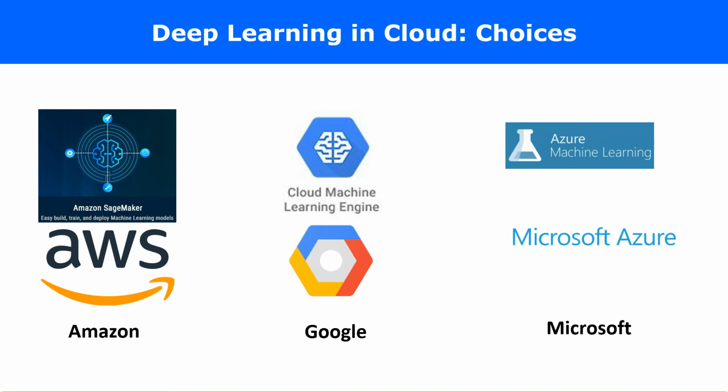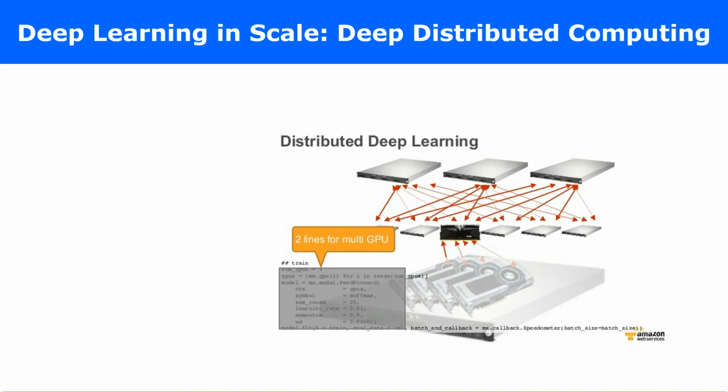You need to try them out. Why do you want to use cloud for your deep learning journey? Because really the deal is about huge compute and huge data, and that is something you can exploit with distributed deep learning on the cloud using very few lines of code.